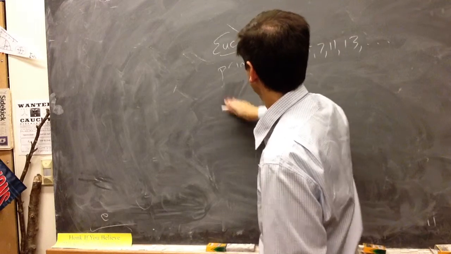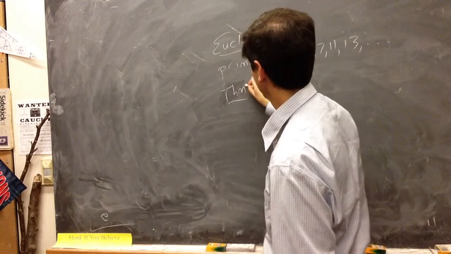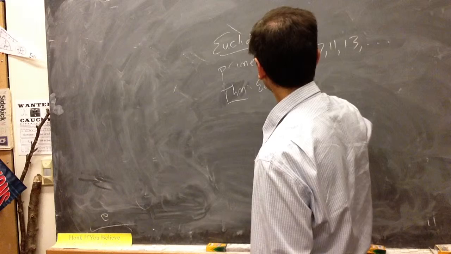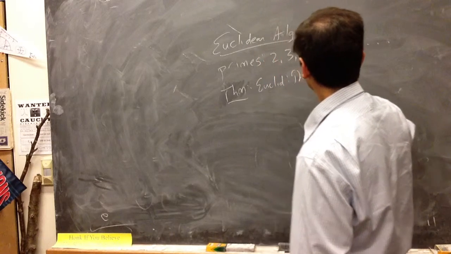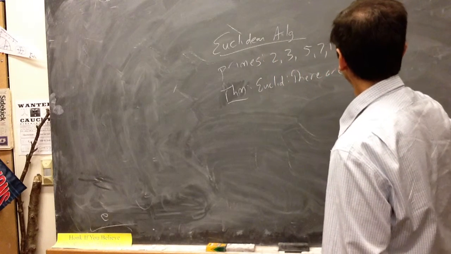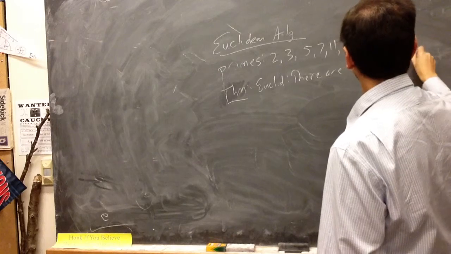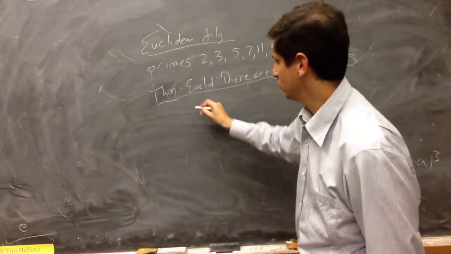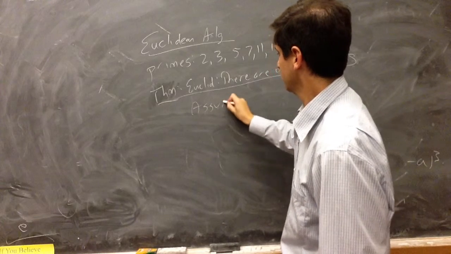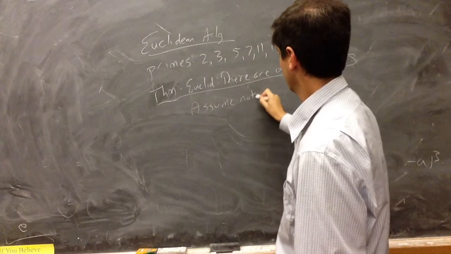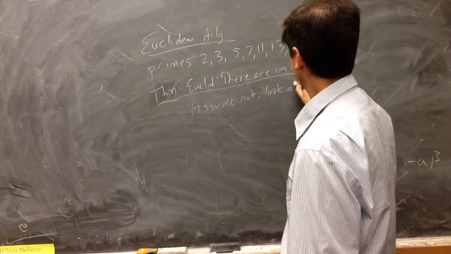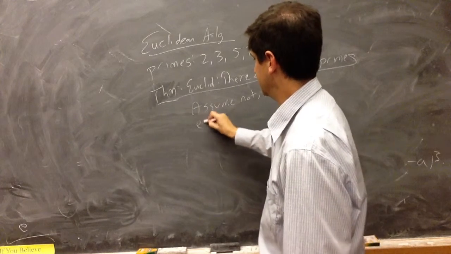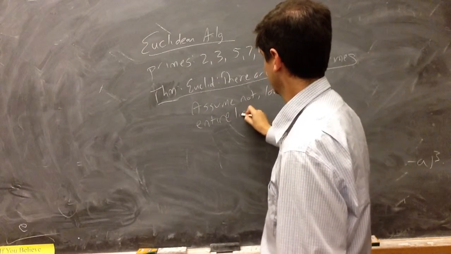Theorem: there are infinitely many primes. And so it's a proof by contradiction. So assume not. And let's look at the entire list of primes.